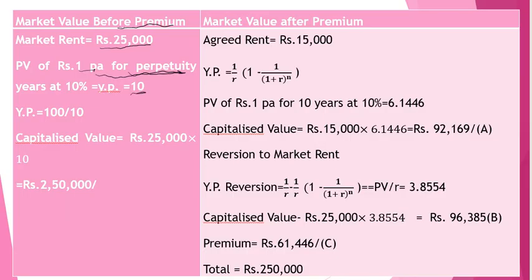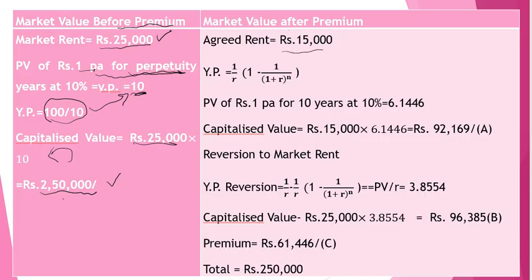So YP at 10% will be 10. So 100 upon 10, it means it will be equal to 10. So capitalized value will be 25,000 into 10, that is 2,50,000. So if you have 25,000 as rent, the market value at 10% is 2,50,000. Now see here, market value after premium.